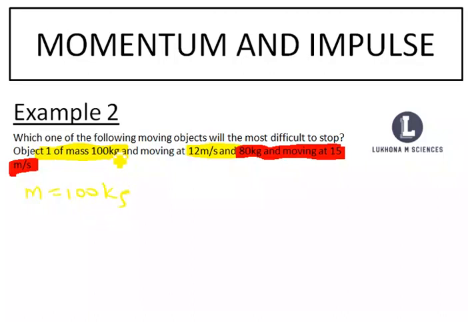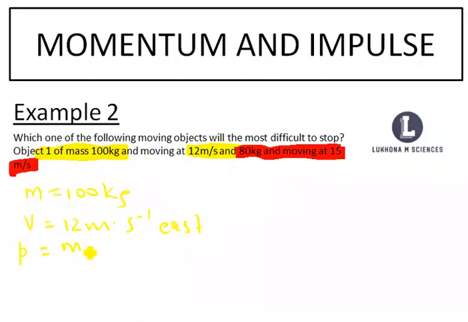Then is moving at 12 meters per second. That is, the velocity is 12 meters per second. Let's just say east, right? Then we want to calculate the momentum.